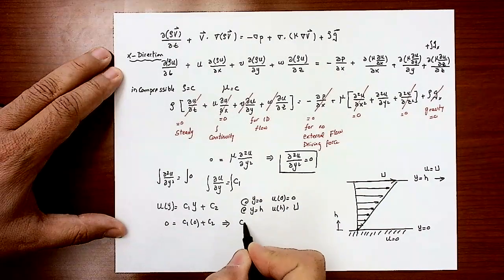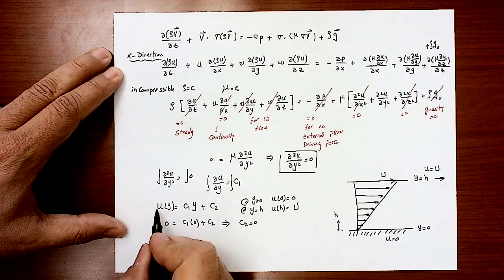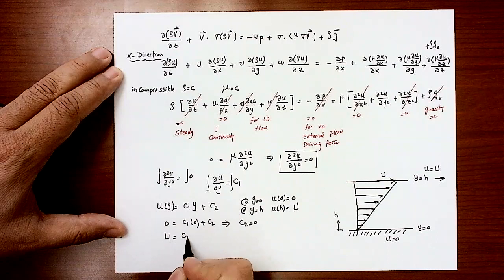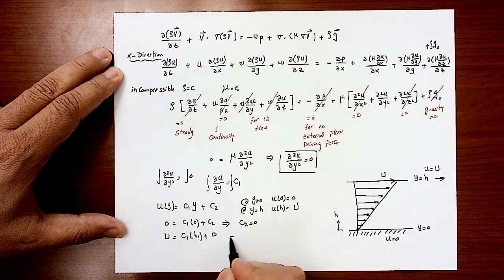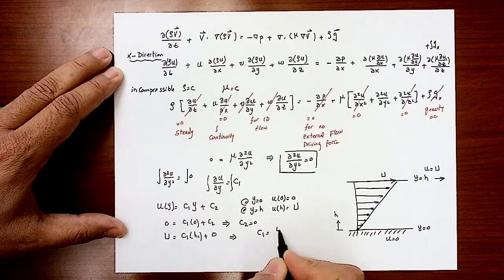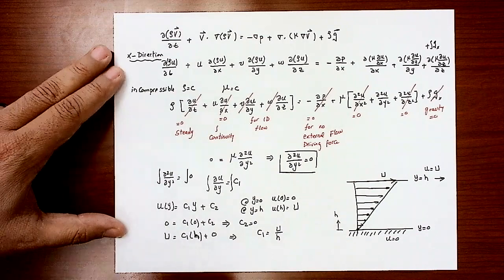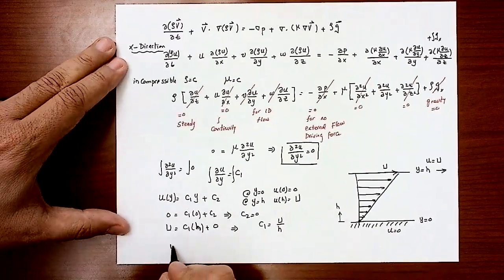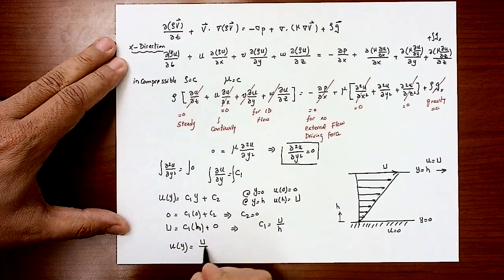This directly gives me C2 equal 0. I go back to the original equation. This would be capital U equal to C1 times h plus C2, which is actually 0. So from this, I got C1 equal to U over h. Which means that U as a function of position Y is equal to capital U over h times Y.